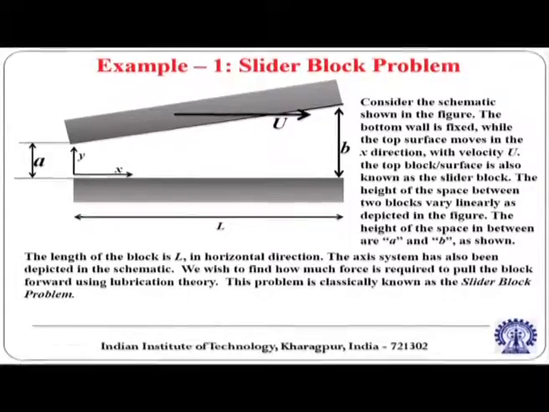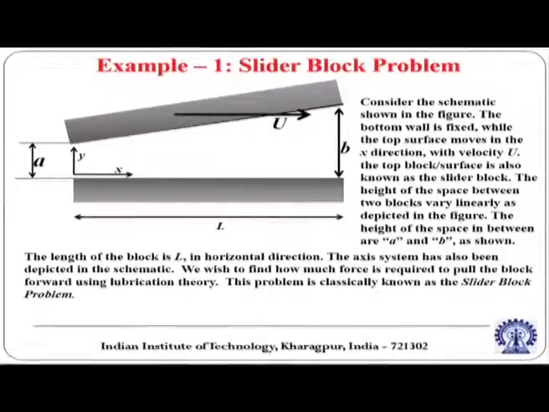The top surface has no y component of velocity and only an x component of velocity, which is capital U. So, what is an appropriate choice of velocity scale in this case? U_c is capital U, because the motion of the top plate is dictating the physics of the problem in this case.